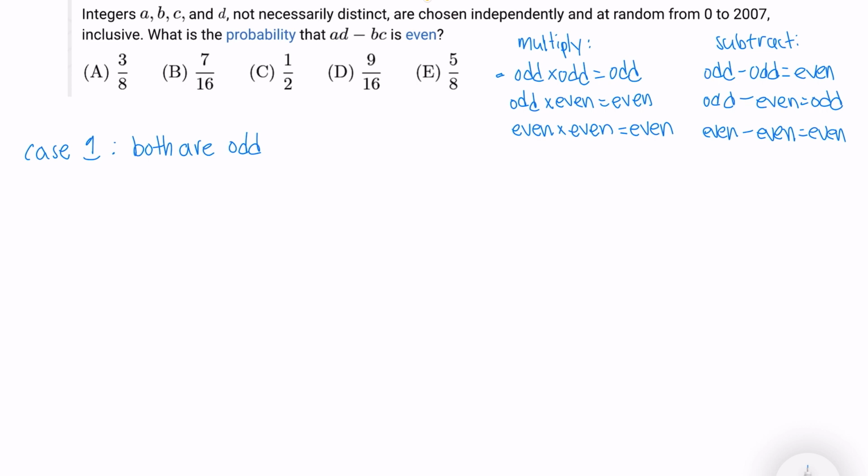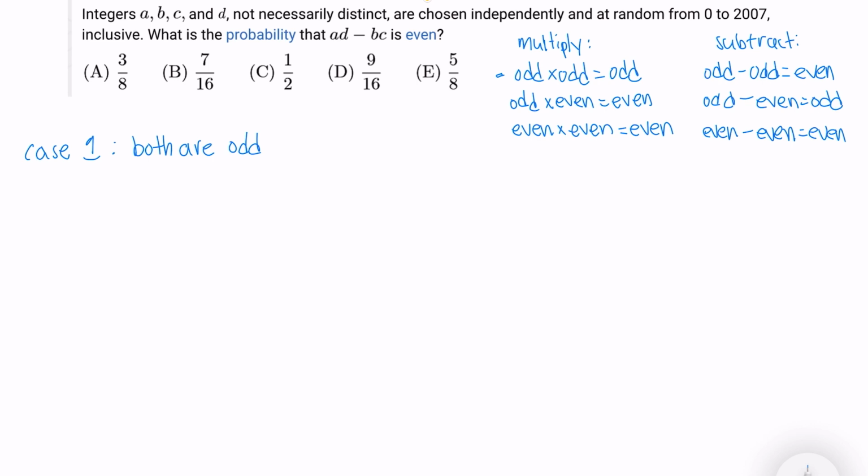That is because, for example, from 0 to 2000, right? Right now it is from 0 to 2007, but we're just going to stop at 2000 for the first part. From 0 to 2000, there are 1,000 even numbers and 1,000 odd numbers. We can figure that out if we make the range even smaller, from 0 to 10. 0, 2, 4, 6, 8: 5 numbers are even. 1, 3, 5, 7, 9: there are 5 odd numbers.